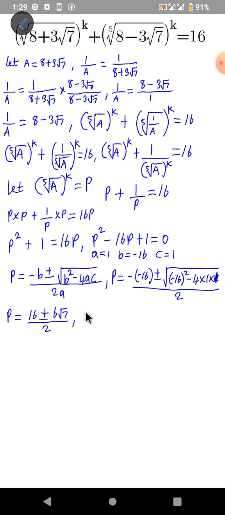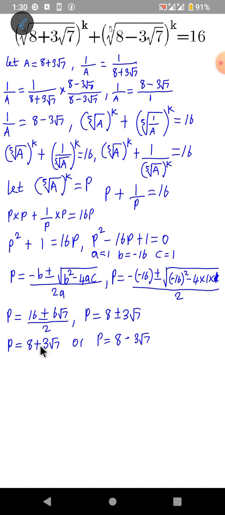Then we continue again, now we say p will be equal to 16 divided by 2 will give me 8 plus or minus 6 divided by 2, that's 3 root 7. Then from here now we can see that p is equal to 8 plus 3 root 7, or p is equal to 8 minus 3 root 7.